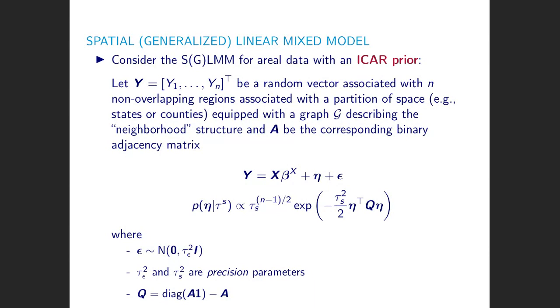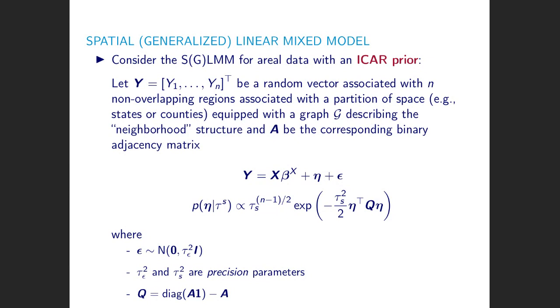So let's define Y to be an n-dimensional random vector of observable quantities associated with n non-overlapping regions associated with a partition of space. You can think geographic space and a partition that might correspond to, in the US at least, states, or within states, say counties within states. And this partition is equipped with a graph that I'll denote G, describing a spatial neighborhood structure.